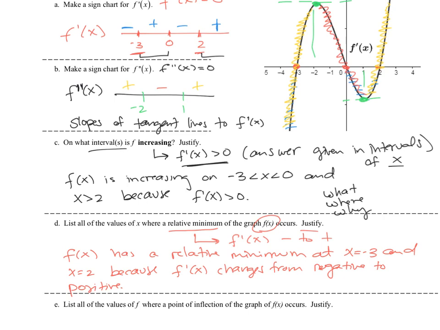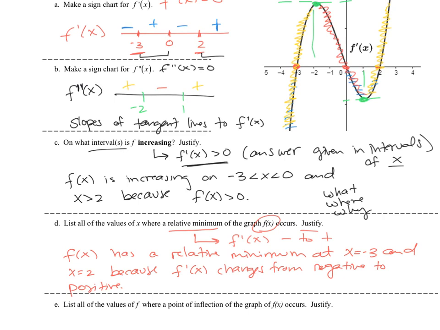E says list all of the values of x where a point of inflection for the graph of f occurs. Okay, so this was the new idea that we talked about. And when we talked about the point of inflection, we said the point of inflection is either where f prime has a min or max value, or where f double prime equals 0 and changes signs.